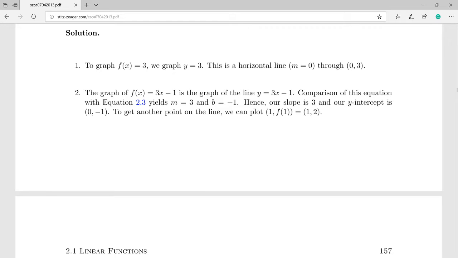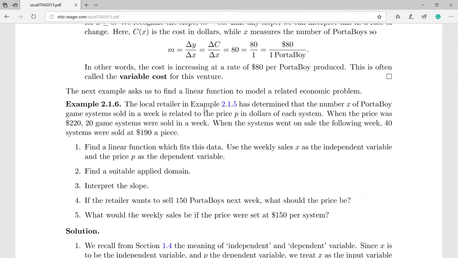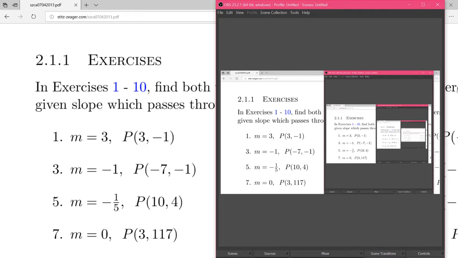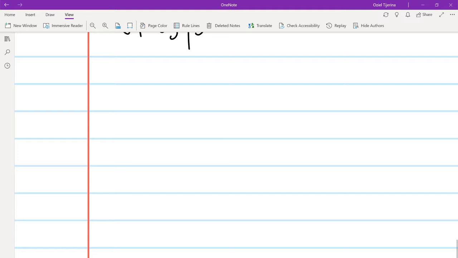Let's see, what else is there that I can cover?